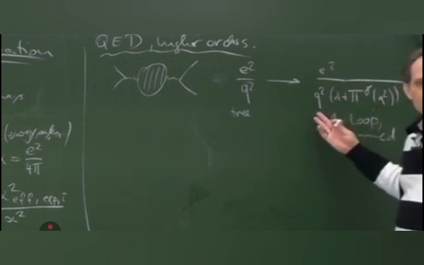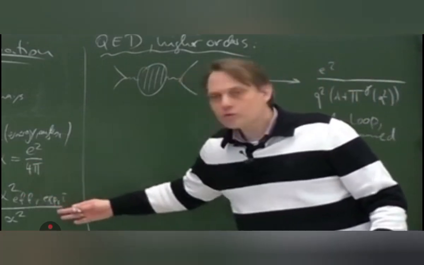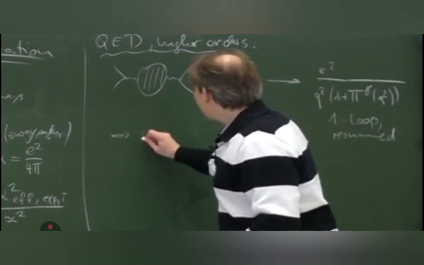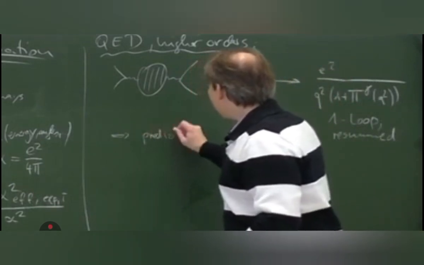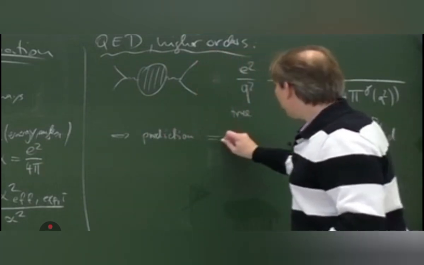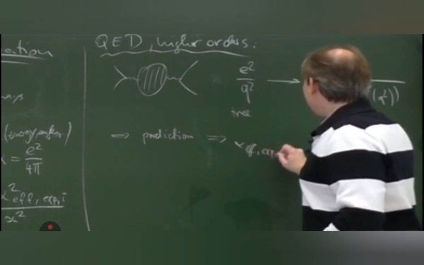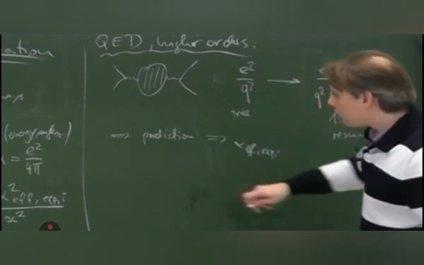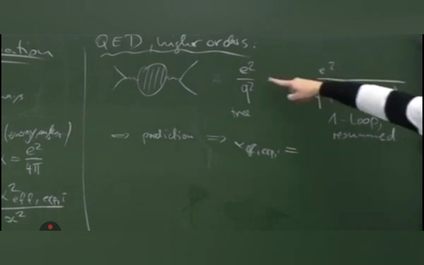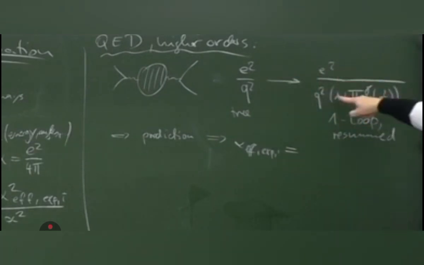And now comparing this to our experimental definition of the effective alphas, it simply means that at higher orders QED, in our approximation, predicts now the following, namely the effective alpha of experiment I, which works at some particular Q squared, is now given by, instead of this, by this expression, and the difference is the factor in the denominator 1 plus pi gamma.